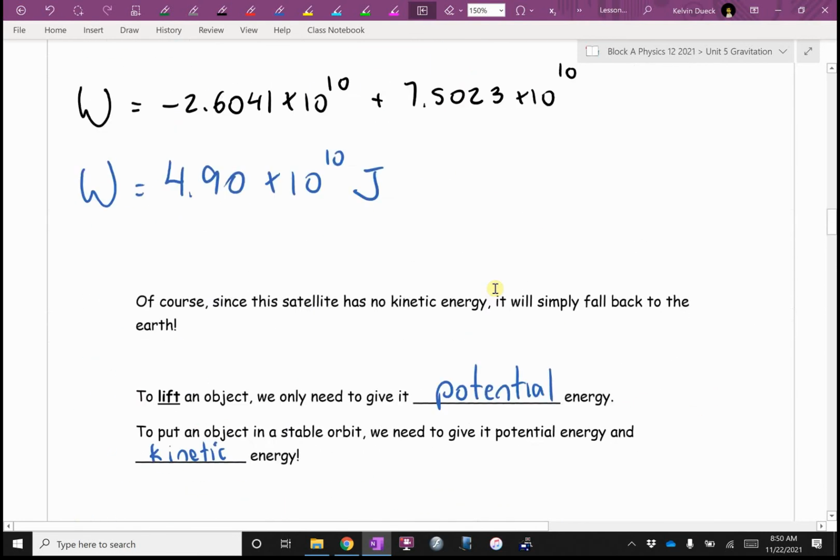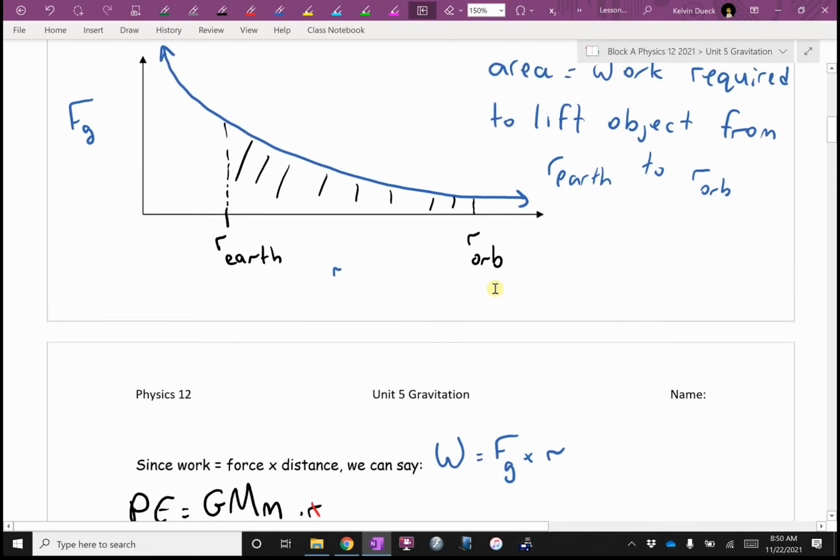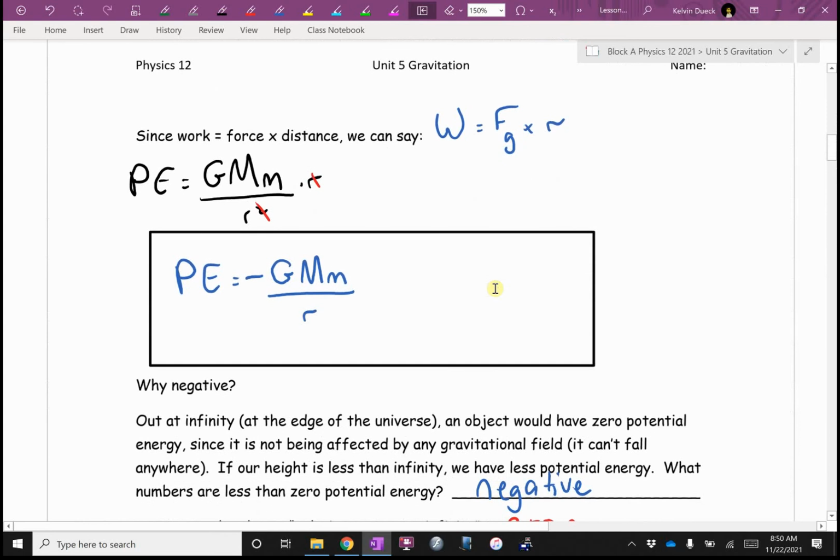So, quick review. We said we can't use mgh for gravitational potential energy. We have to use this much more cumbersome negative big G, big M, little m over R when we go cosmic. Why negative? Where did we define zero potential energy? Out at infinity, we said that's when you wouldn't fall because you had no gravitational potential energy.